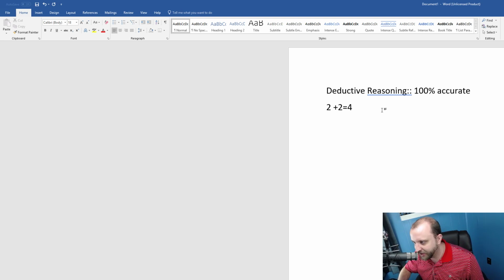If you read the logic textbook for today, it talked about premises and conclusions. A conclusion is the end result of an argument. Premises are all the building blocks leading to that conclusion. So we basically have two statements here: the number 2, and the other number 2.